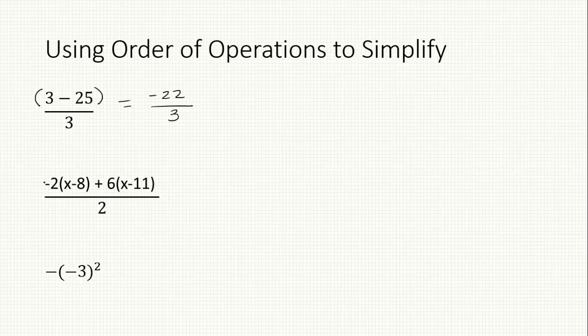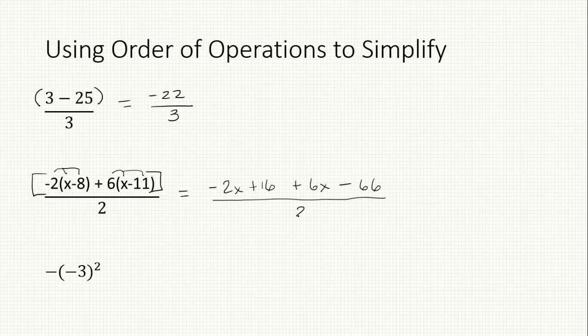Next, we have something that's even more complicated in the numerator, but let's pick it apart. First, we need to distribute because we cannot add together the terms that are inside the parentheses for either one of these, so we're going to distribute. So we get a -2x. -2 times -8 is +16, plus 6 times x minus 66.